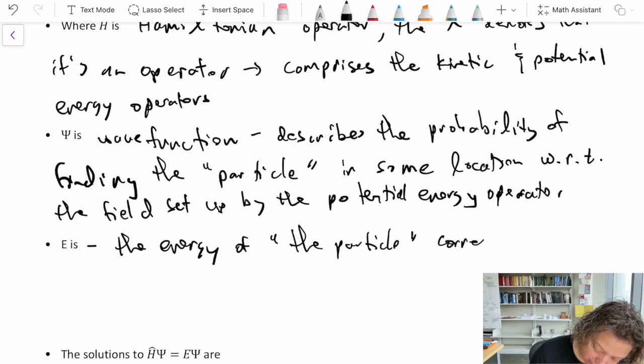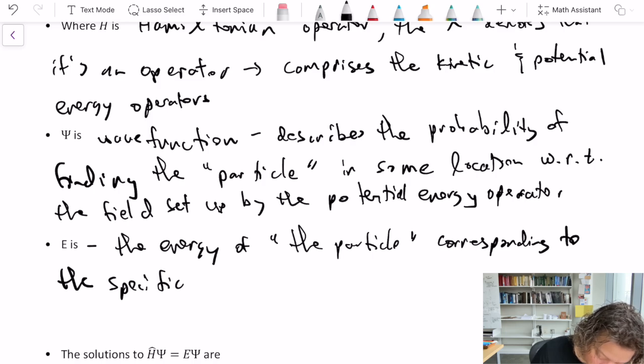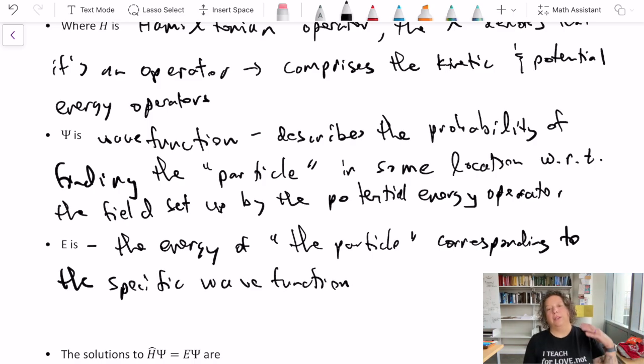corresponding to the specific wave function. So we're going to see that there's going to be many of these, right? If we have discretized energies, that means we have several values of energy. They're not continuous.